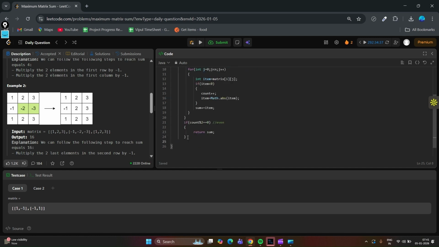But if it is not even, then what should I return? Then we return sum minus 2 into 2 into what?